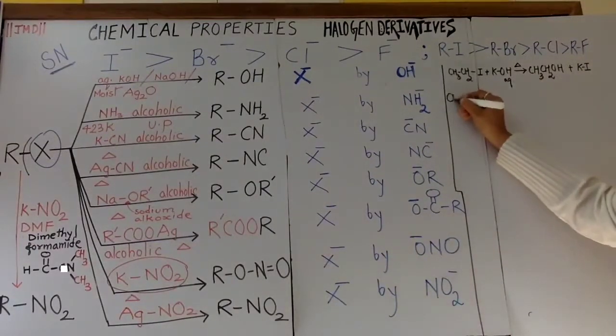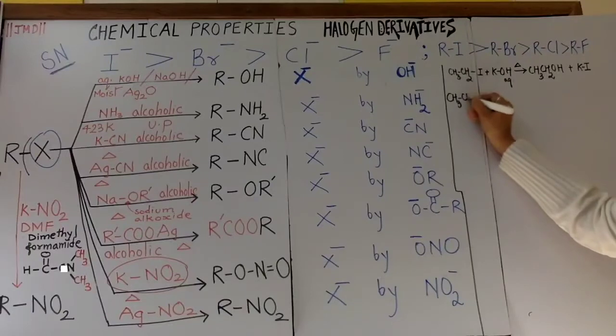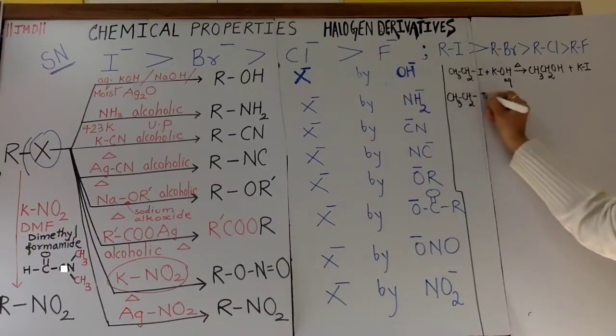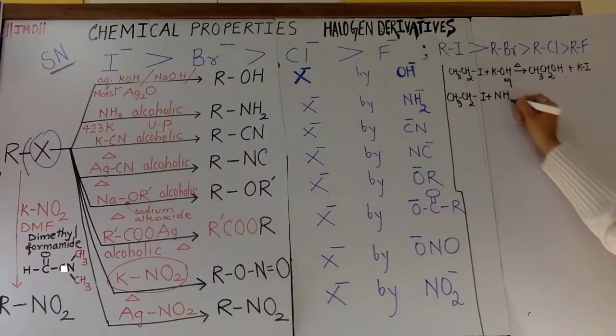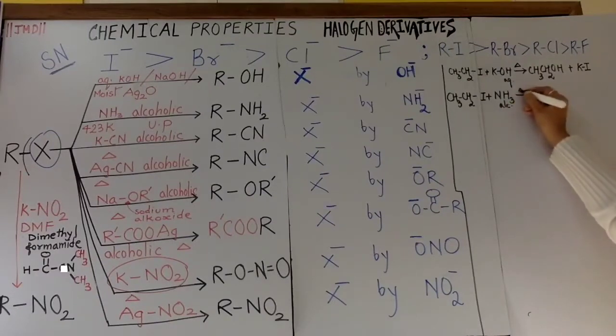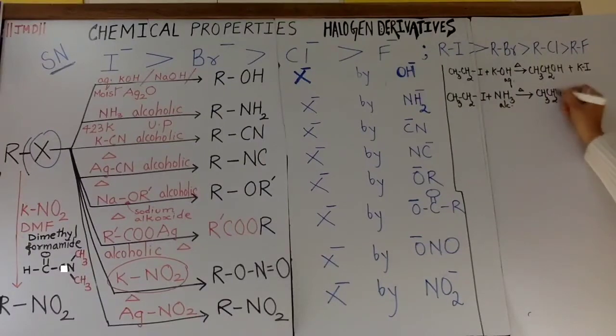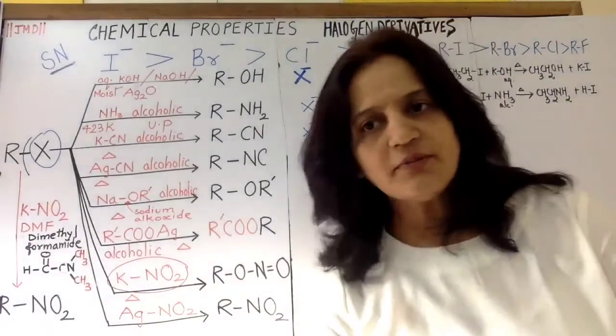In this category, same way, ethyl iodide reacts with NH3, alcoholic, heat to give me ethylamine and HI. Right? This way you can go on making the equations.